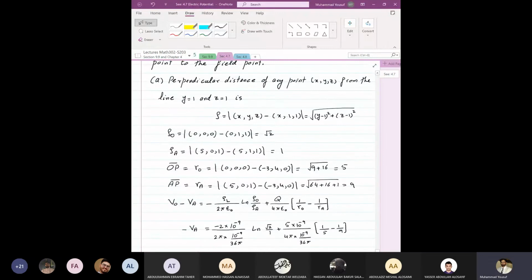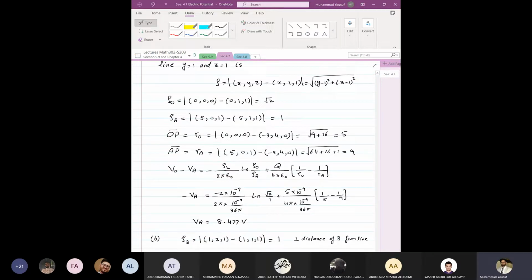So for part A, the distance between 0, 0, 0 and the point where the 5 microcoulomb charge is located, negative 3, 4, 0, by the distance formula is 5. The notation OP is not given in the book, so it is the distance between O and P. Next is AP, denoted by RA.